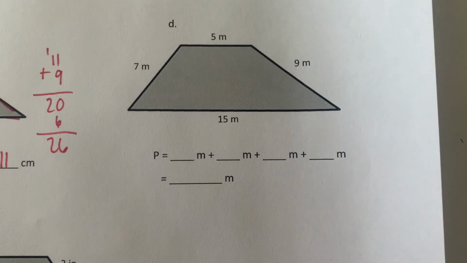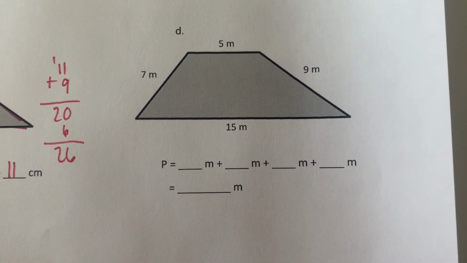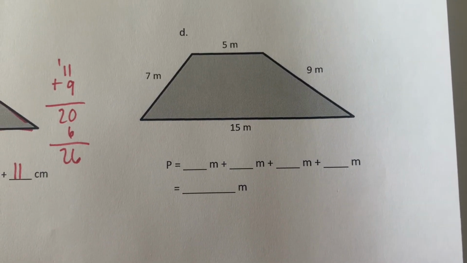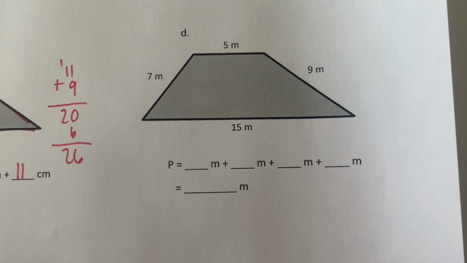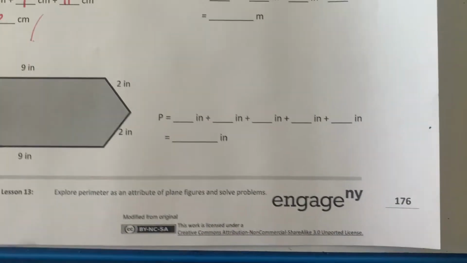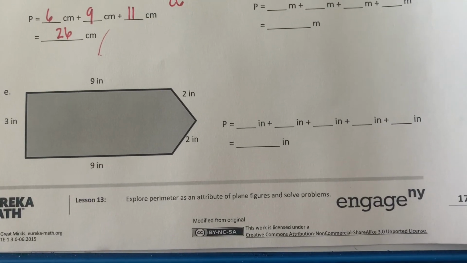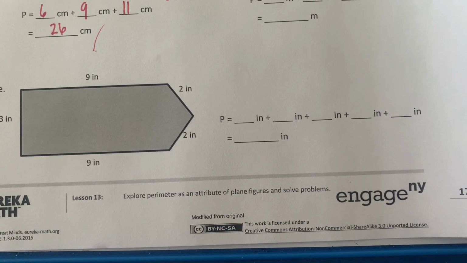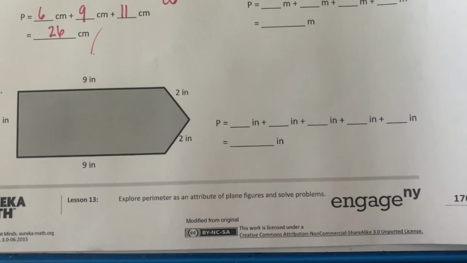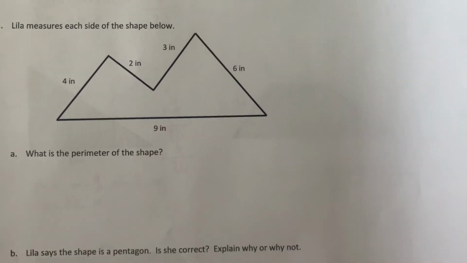So I want you to go ahead and you're going to do this one on your own. So pause it here. And then you're going to do this one on your own as well. And then I want you to finish it up with this right here.